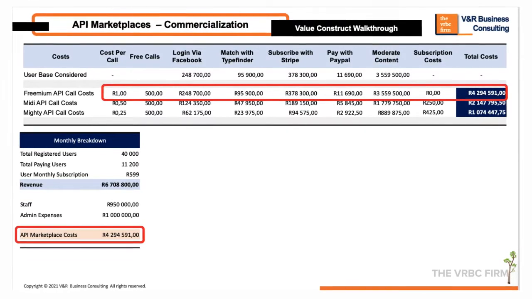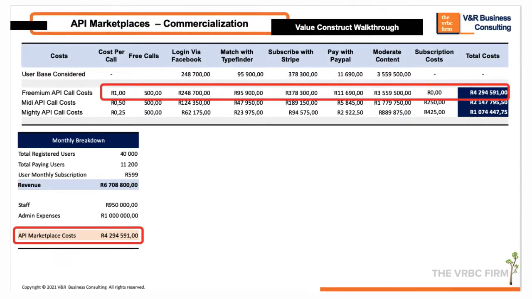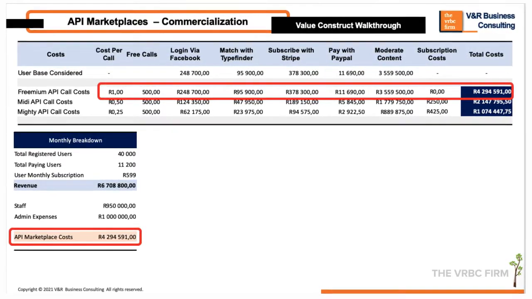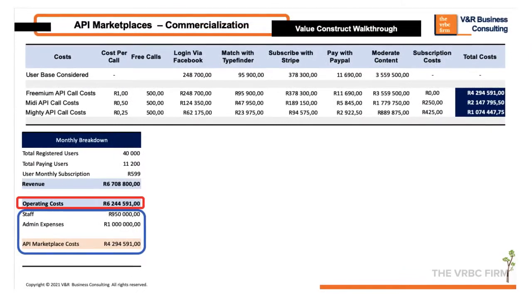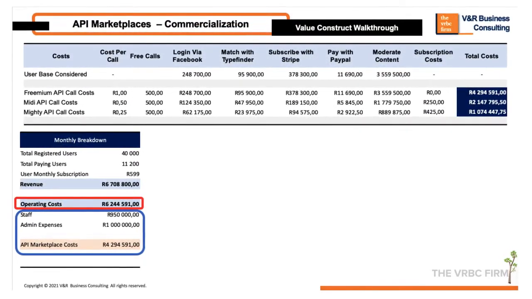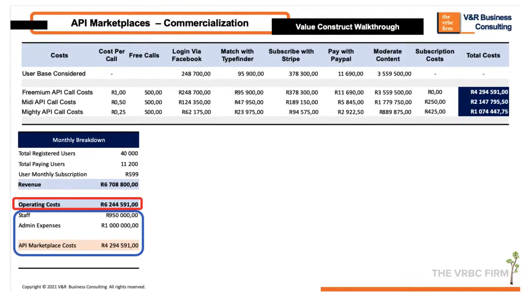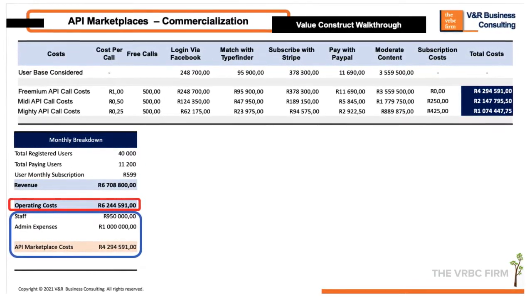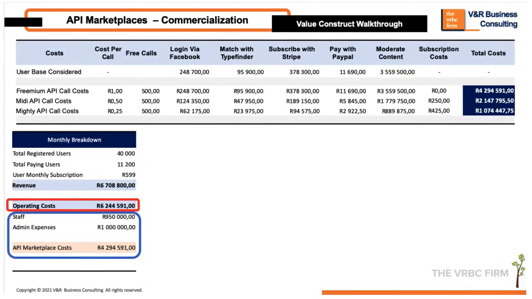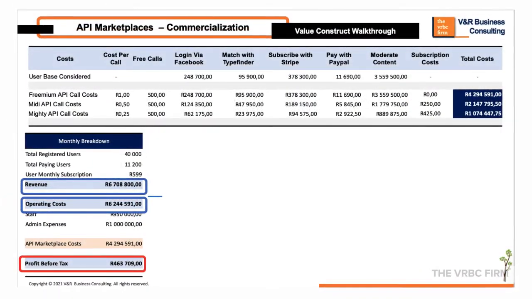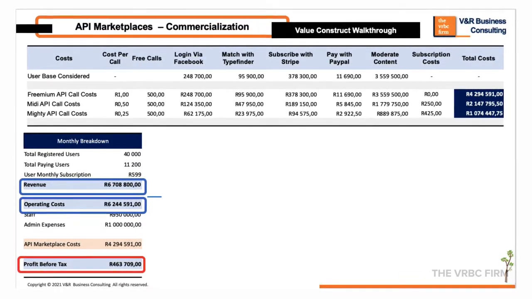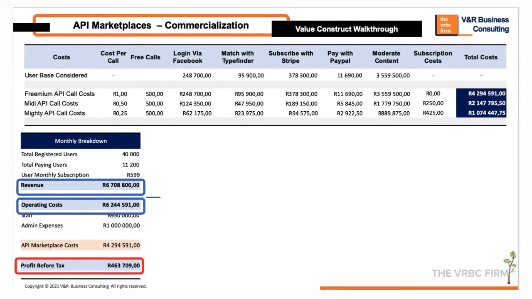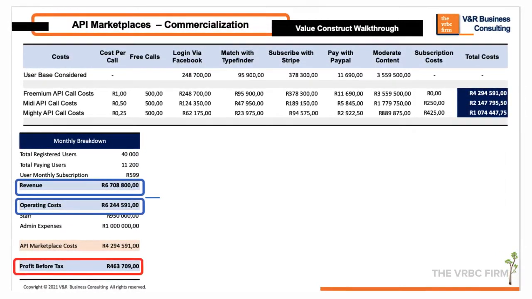We add the costs of our API marketplace usage, assuming we're on the freemium package, ending up with the operations costs as depicted, with a profit figure as depicted. A few strategic decision issues must already be jumping out at you at this point.